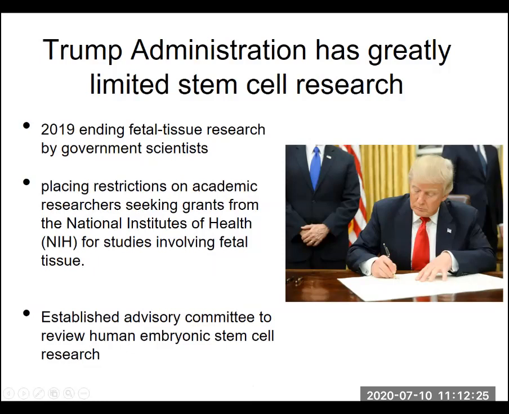They now have restrictions on them for studies involving fetal tissues. They've also required the establishment of an advisory committee that has to review and approve all human embryonic stem cell research, even that being done on existing cell lines.